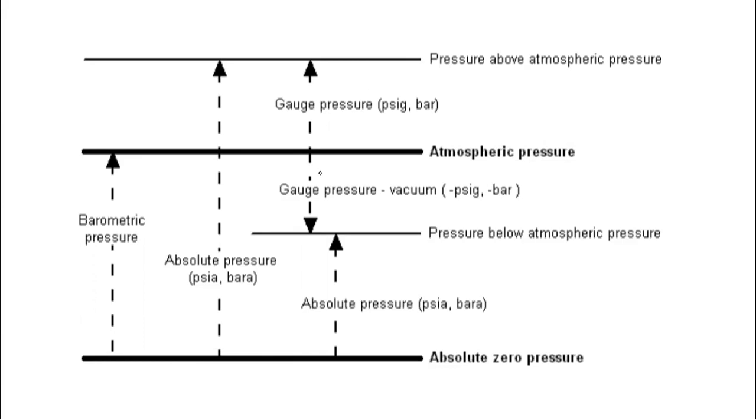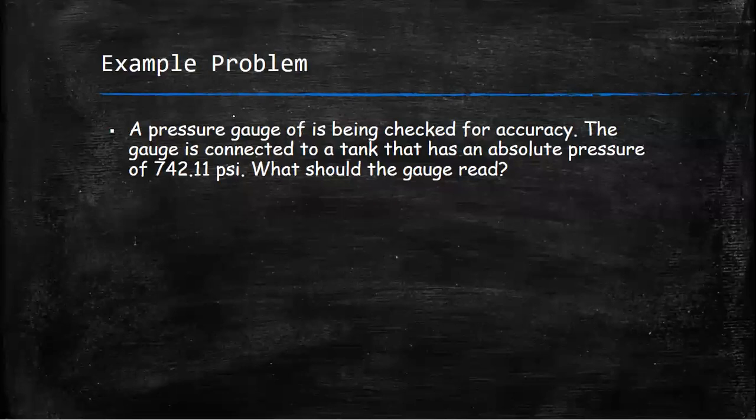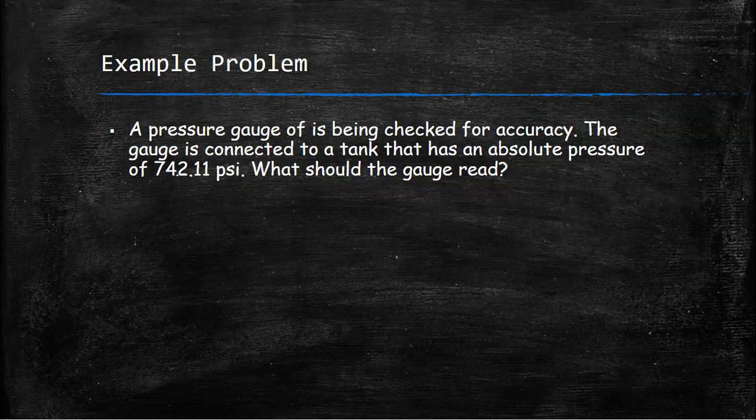So let's have our example problem. A pressure gauge is being checked for accuracy. The gauge is connected to a tank that has an absolute pressure of 742.11 psi. What should the gauge read?